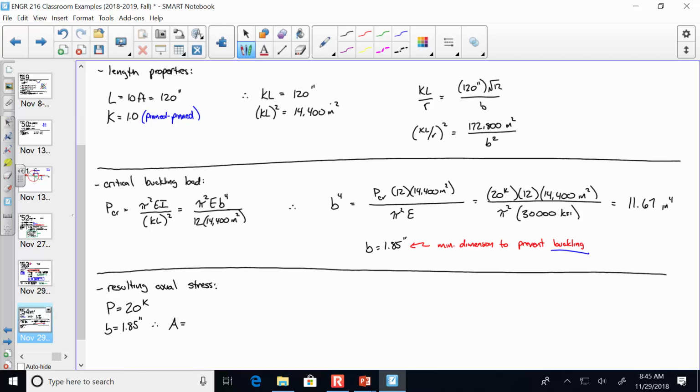We know that A is going to be B squared. So from these, what is sigma? P over A, right? So what is that? 5.84 KSI.